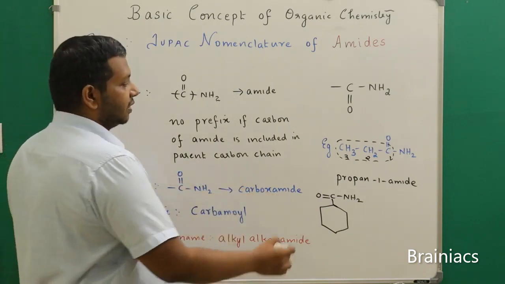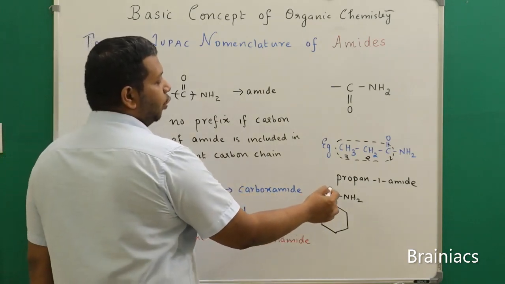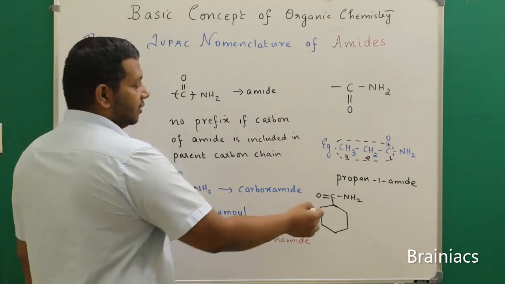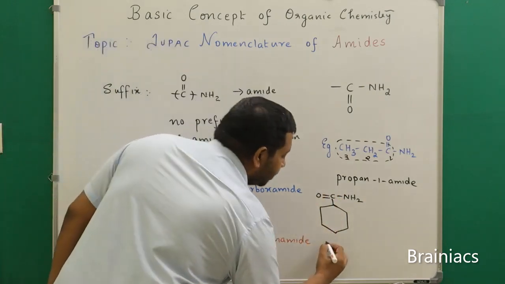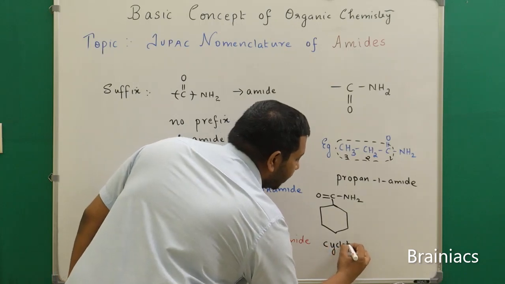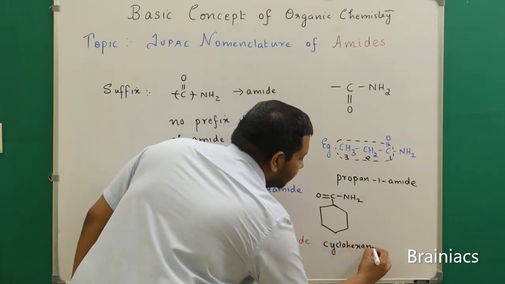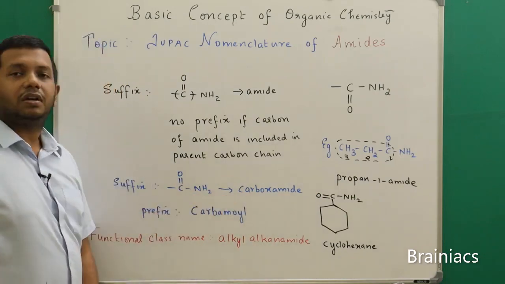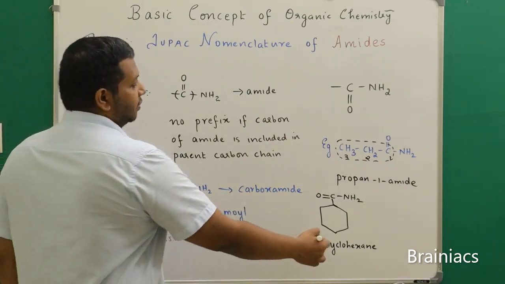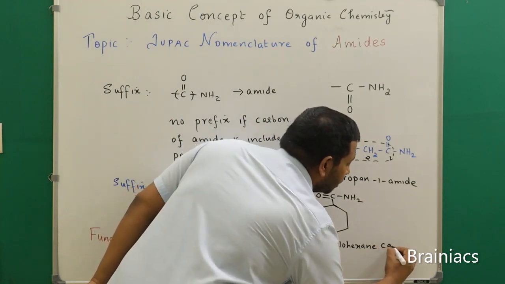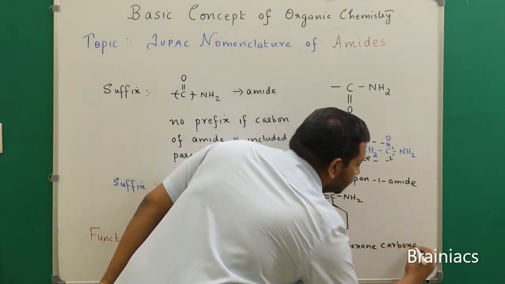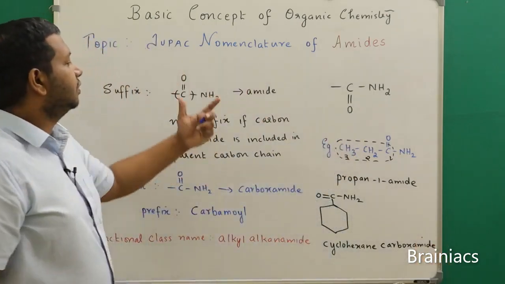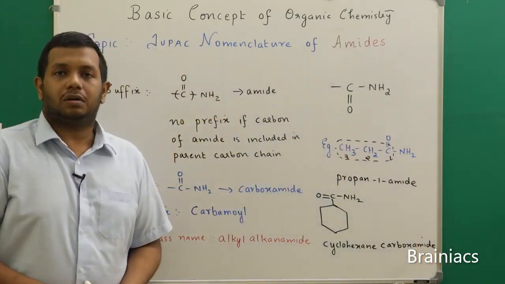I know that this is a carbon containing functional group, but there is no way I can include this in my parent carbon chain. So I can say cyclohexane, correct? If the carbon atom is not included in the parent carbon chain, what is the suffix used? Carboxamide. So I can say cyclohexanecarboxamide. Understood? So this is the way we need to name the compound.